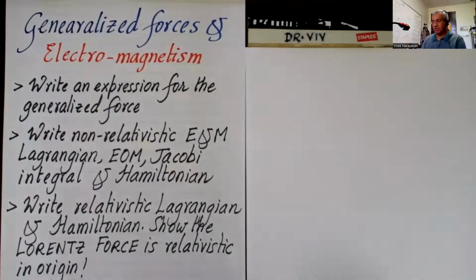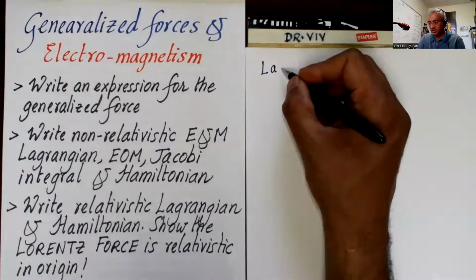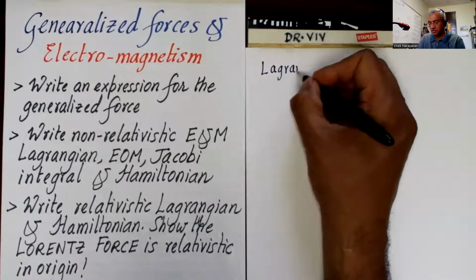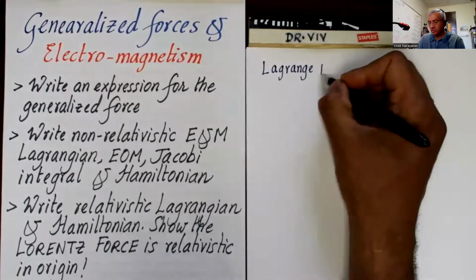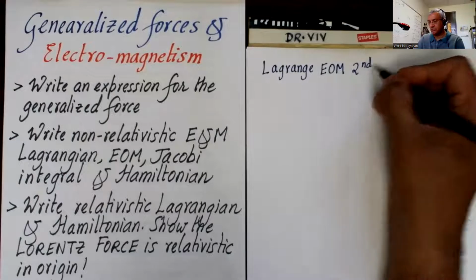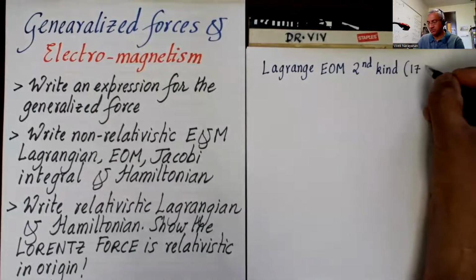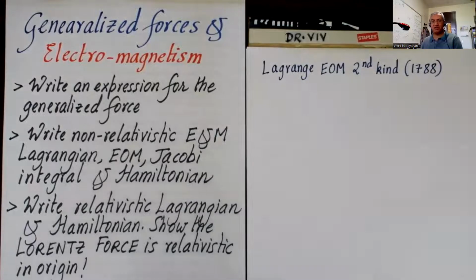So let's begin by writing the Lagrange equations of the second kind. The equations of motion of the second kind, which, if you want to put a date on it, was devised by Lagrange in 1788.